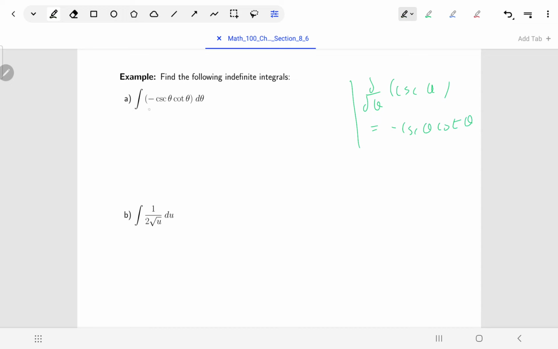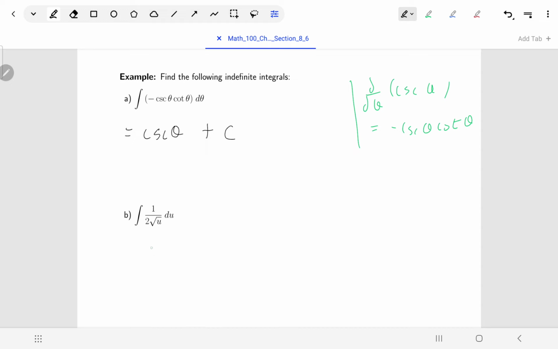So the indefinite integral of negative cosecant cotangent should be cosecant theta. And of course, cosecant theta plus any constant c has that same derivative.